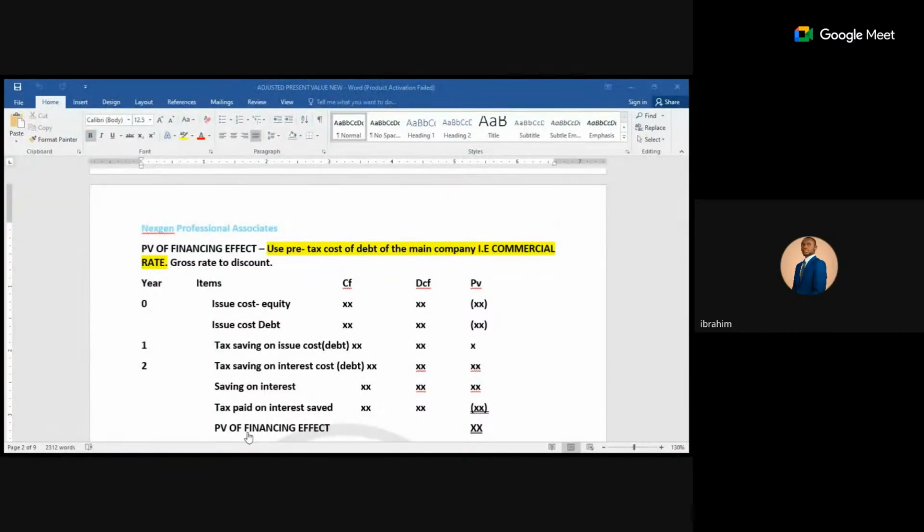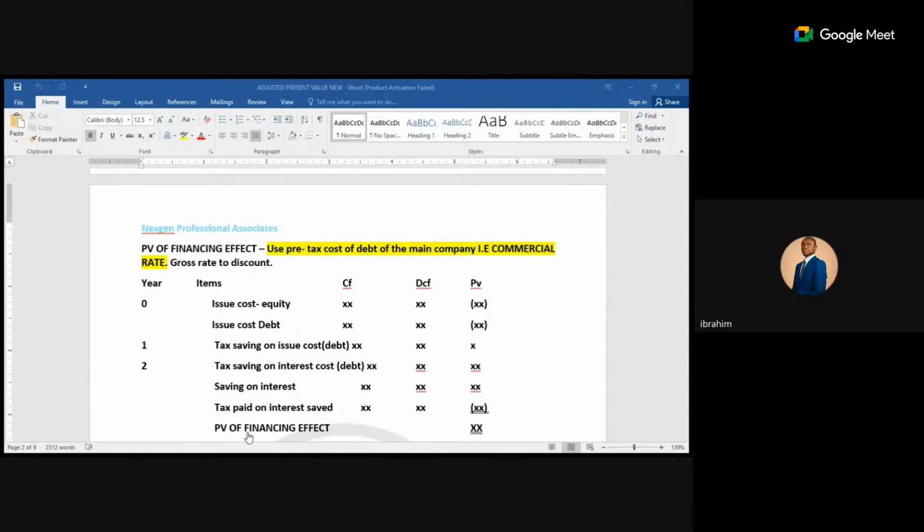Then, of course, there will be a rate attached to it. If the MPR, the monetary policy rate as of today, is 27.5%, banks will be lending at 30% to 32%. What is the commercial rate? It is 32%.